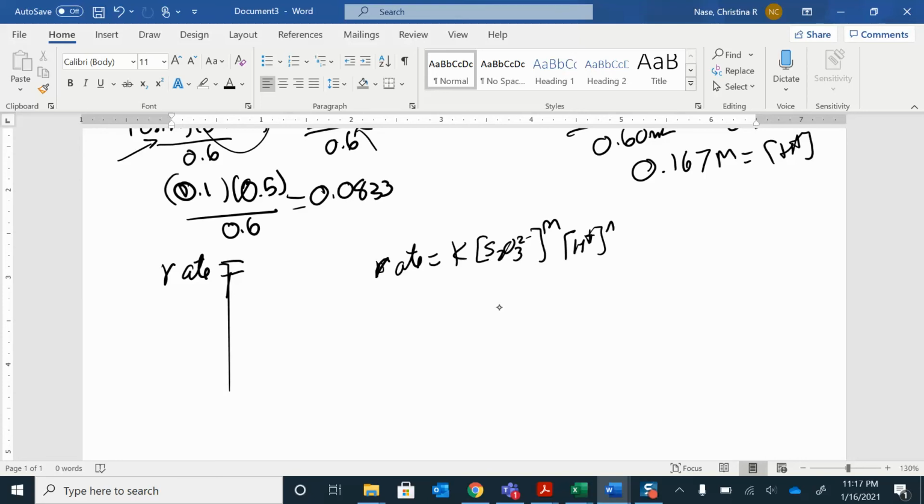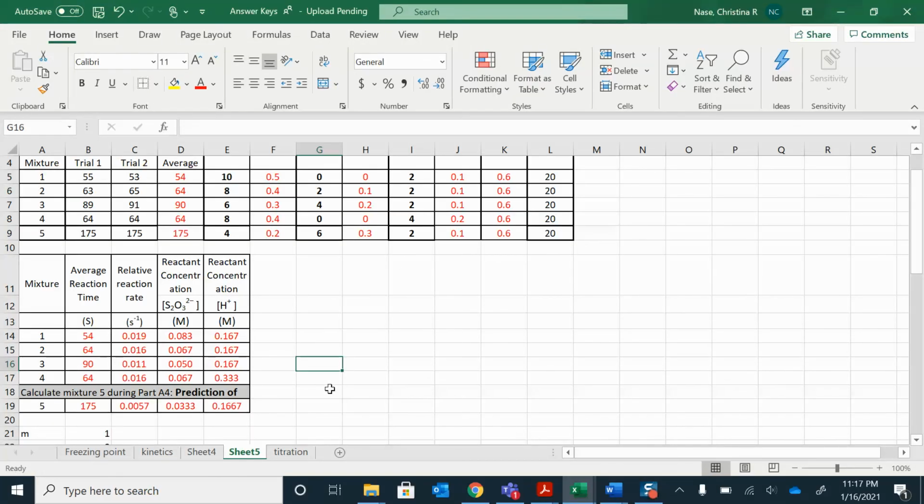So the first thing we're going to do is pick 2 reactions, like we said. We're going to do rate 1 and 3 first. And let's see, where's rate 1 and 3? So I've got 1 and 3 down here. So the relative rate 1 is 0.019 and 3 is 0.011.